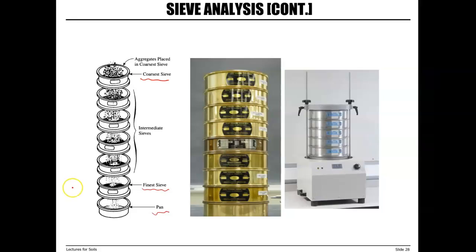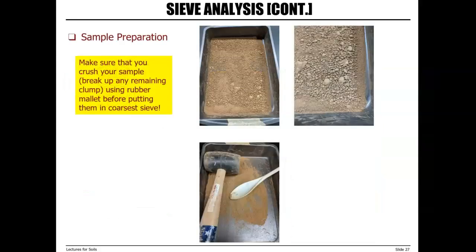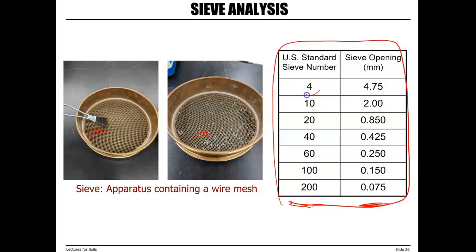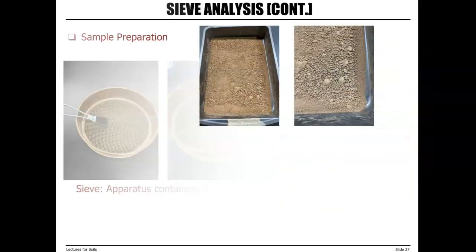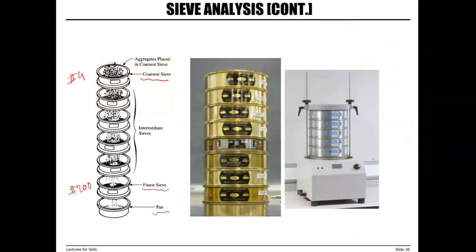So here in this example, we have sieve number 200 and sieve number 4. This is our coarsest sieve, and this is the finest sieve that we have. Then we can have the intermediate size. It can be different. It's okay.